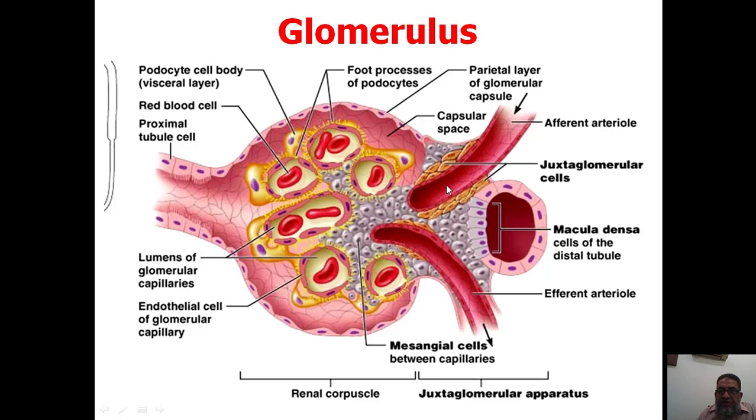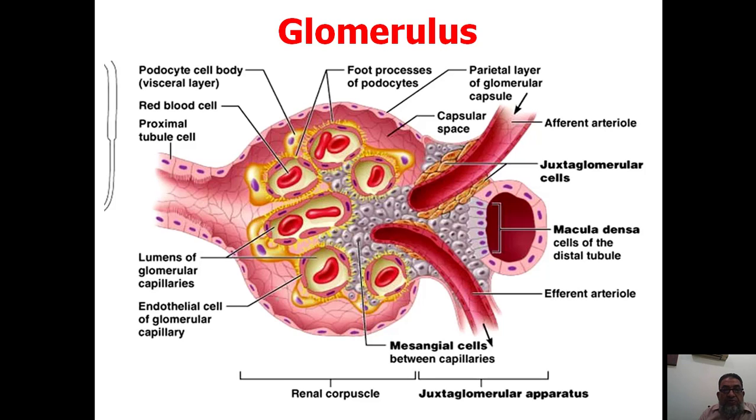Now this is the afferent arteriole carrying the blood toward the Bowman capsule. So it will divide into multiple capillaries, and these capillaries fill the space within the Bowman capsule, and it is lined by the endothelium itself, but outermost is the podocyte, which is the visceral layer of the Bowman capsule.